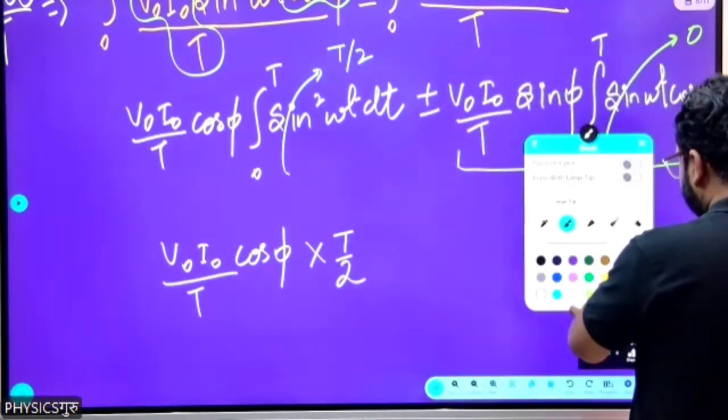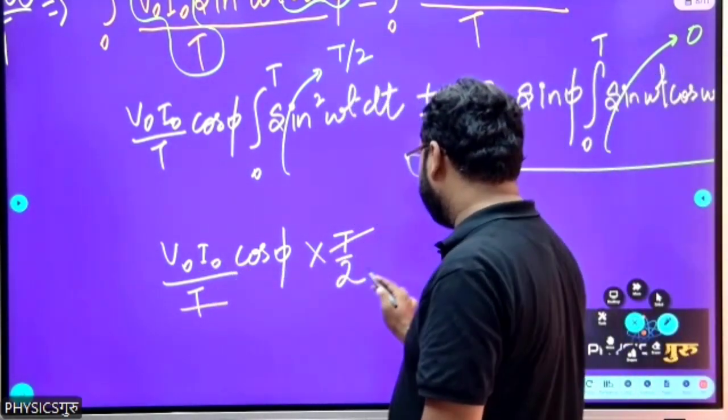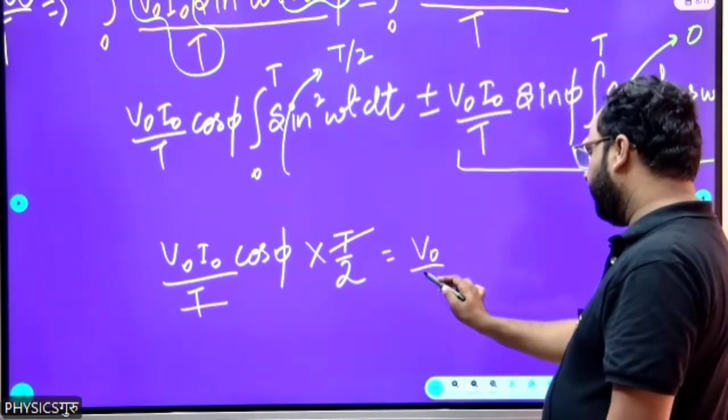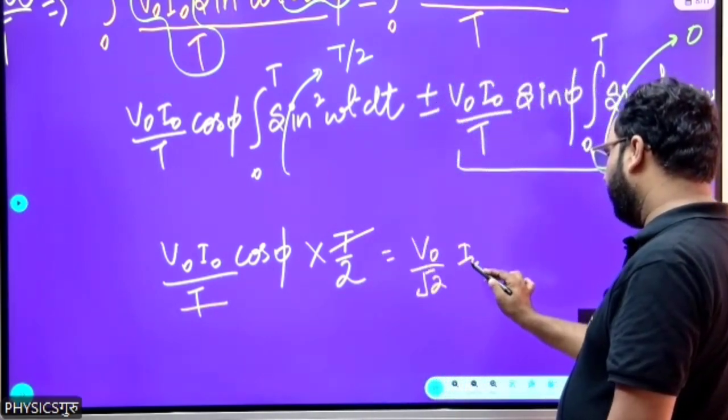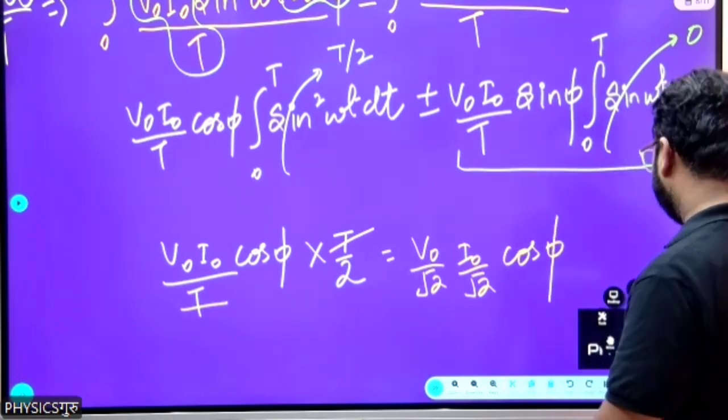So this T gets cancelled out. We can write that term like this: V naught by root 2 into I naught by root 2 into cos phi.